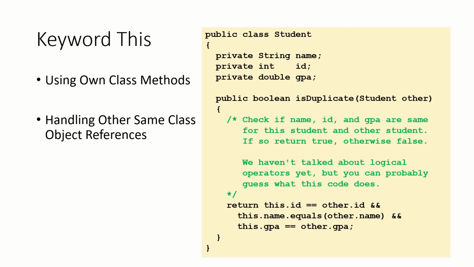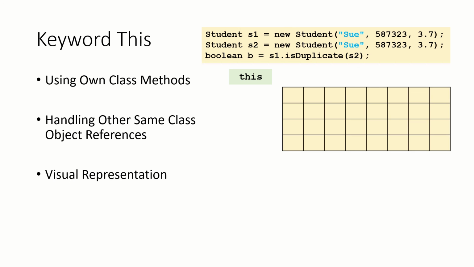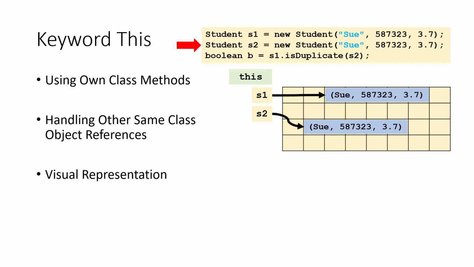Good. Okay. Let's take a dive into the memory. The first two lines, we create objects. Correct? We have two objects and assign two different object references, S1 and S2.